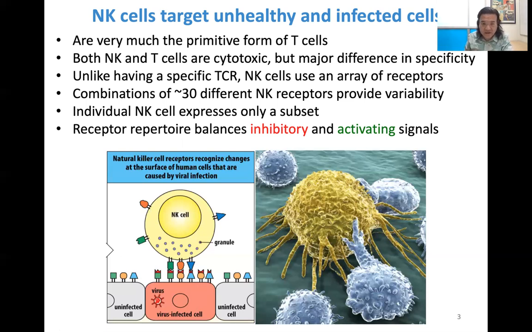The virus-infected cell begins to display different types of proteins on its surface so that this NK cell that comes along and bumps into it, its subset of receptors on its surface bind, and then maybe this NK cell will be able to detect that this is a virus-infected cell, and the contents of these granules, these cytotoxic signals, will then be sent onto this infected cell, telling it to die.